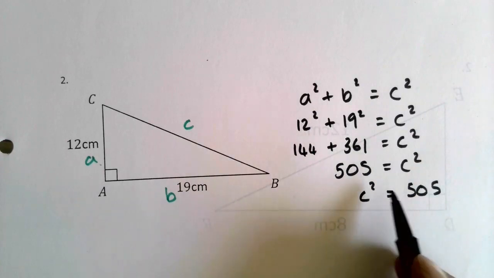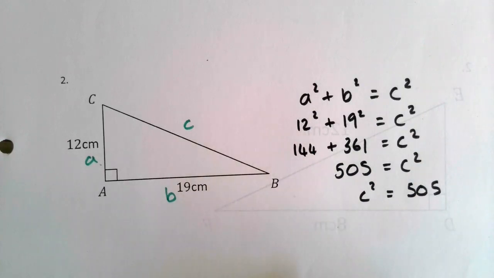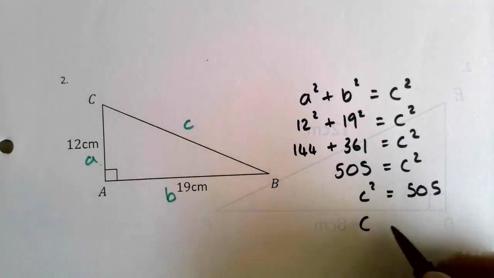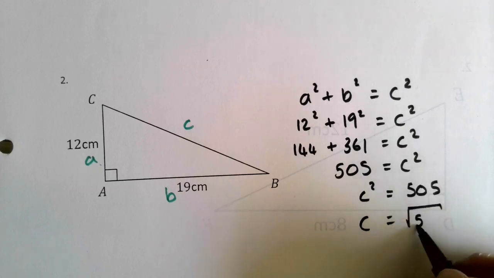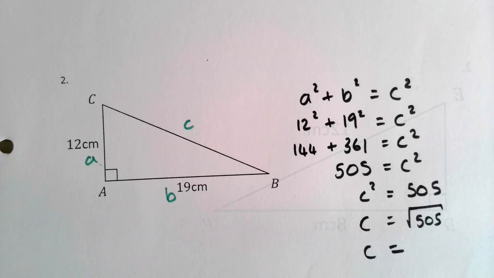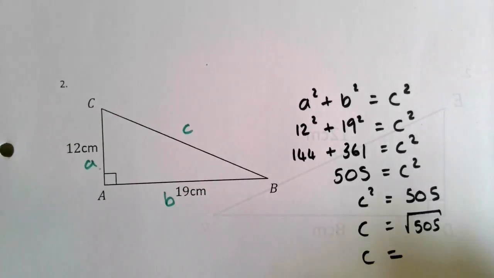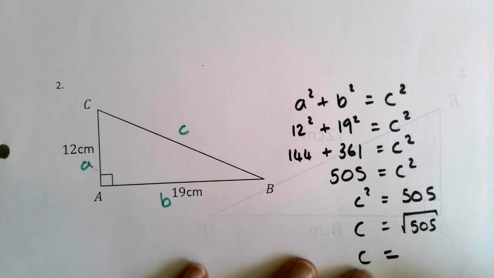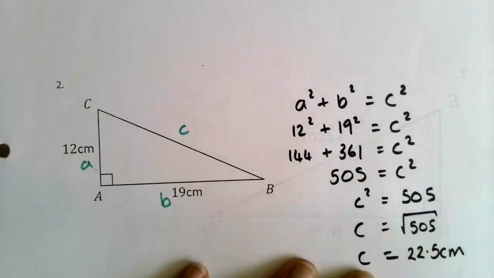And then if C squared is 505, we need to take the square root of both sides to find what C is. So the square root of 505 gives us 22.4722, and if I give that to 3 significant figures, that's going to be 22.5 centimetres.